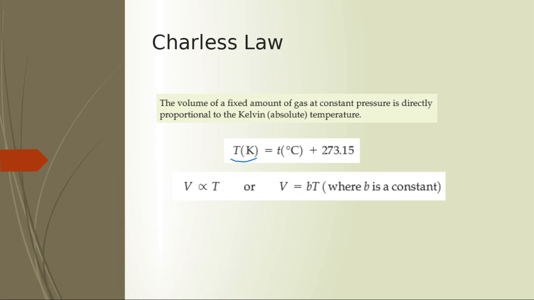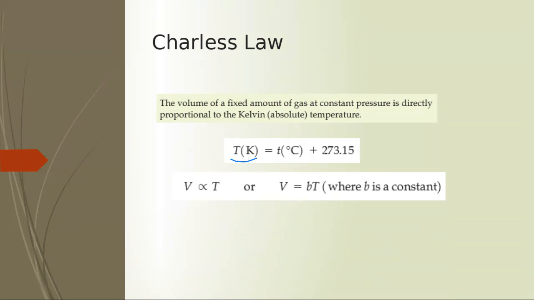Some examples give the temperature in Celsius, but you have to convert it to Kelvin. Generally, you will make mistakes about this: if you don't convert the temperature, you will get it wrong.